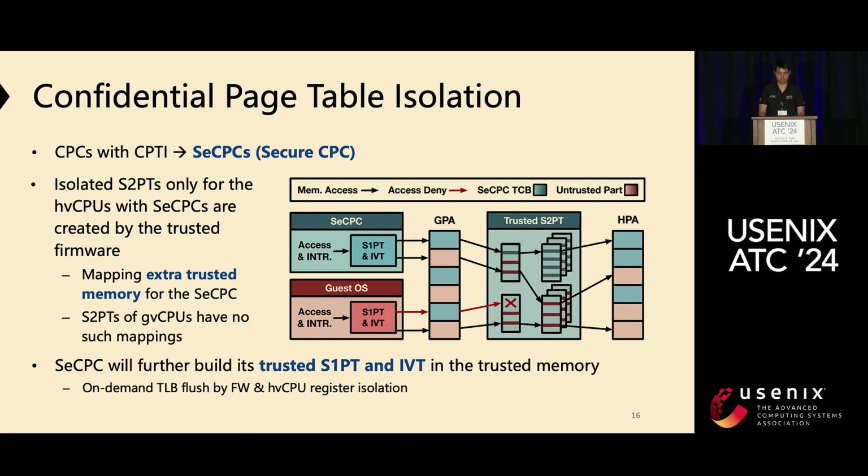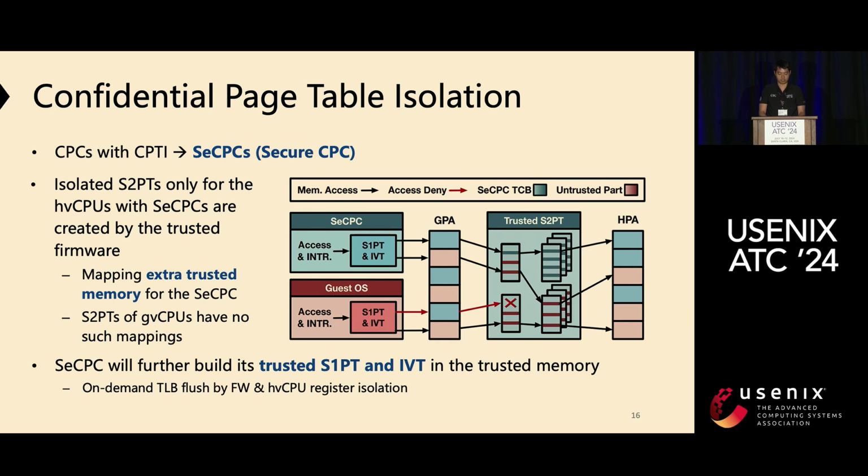We seized this chance and proposed the confidential page table isolation technique, or CPTI for short. CPTI lets the trusted firmware configure separate S2PTs for HV CPUs of critical CPCs. These extra S2PTs have additional mappings for the CPC trusted memory, which are not accessible to the guest OS, so that the critical CPCs, or SECPC for short, can protect their code and data in this memory.